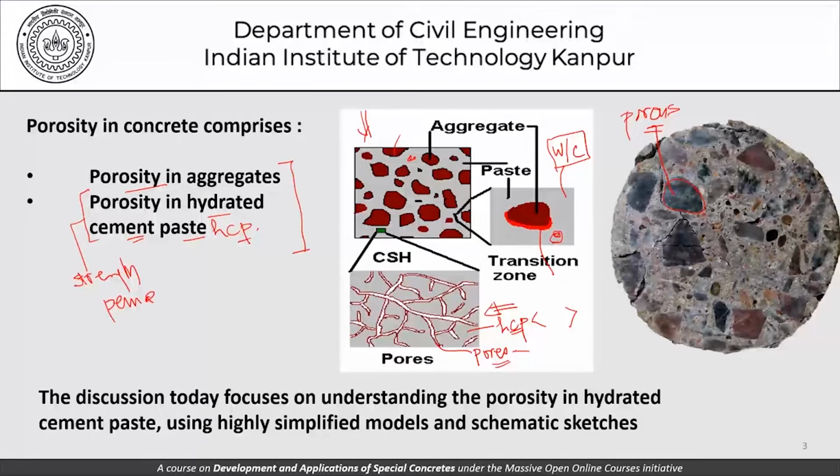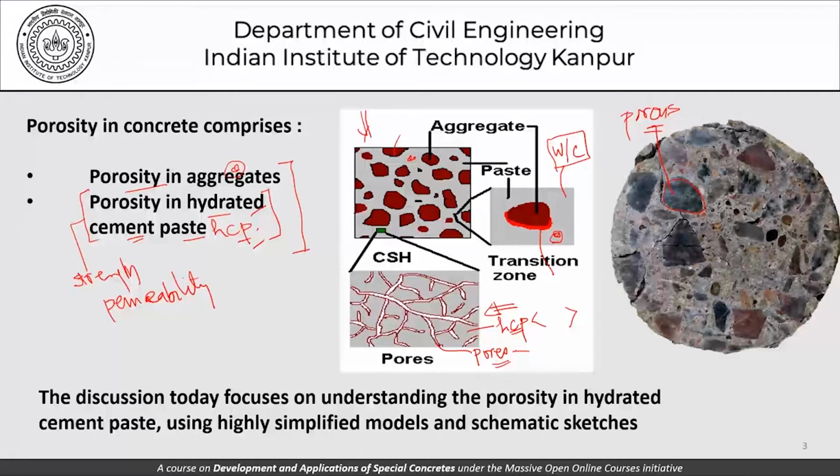So we are really interested in the permeability or the porosity, the pore size distributions, whatever happens in this part, the hydrated cement paste. The porosity in aggregates is not something that we bother about all the time.